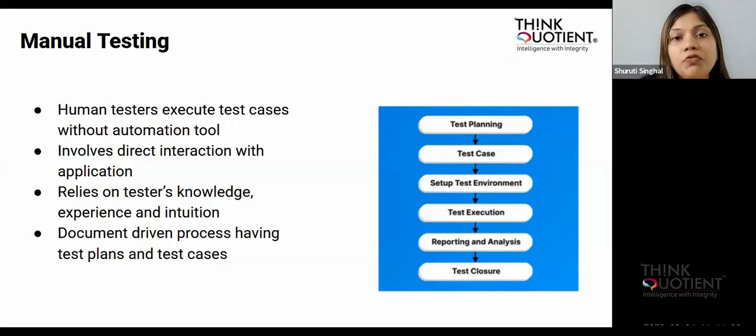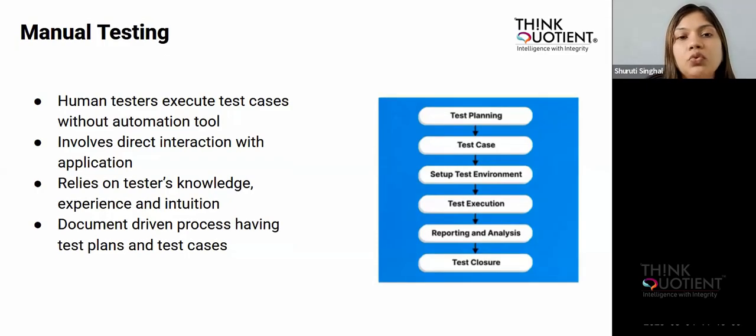We perform a step-by-step approach here by identifying what things have to be tested. For example, if I talk about some color scheme, suppose there is something written in white and then we have a gray text over here, it will not be visible. So this thing cannot be automated, right? So this involves manual testing.